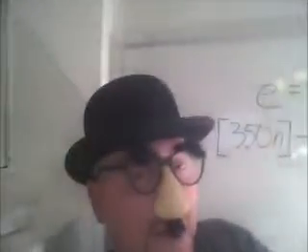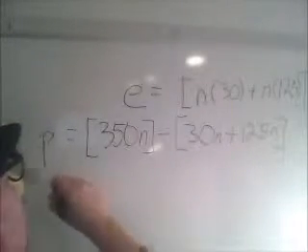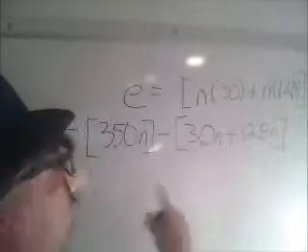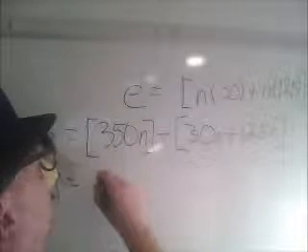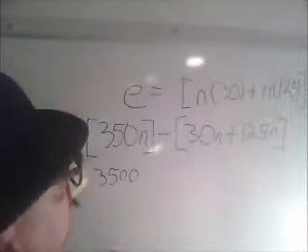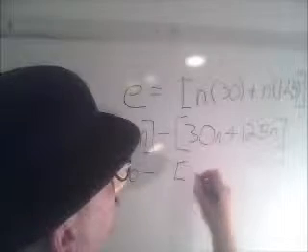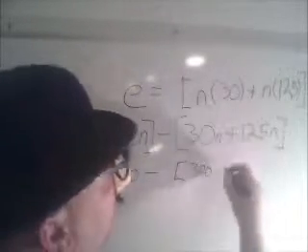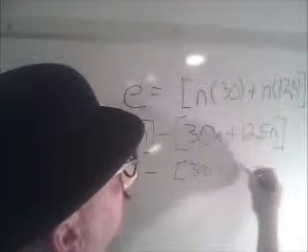So let us plug in. P for profit equals 350 times n. N is 10, so all we have to do is add a 0. 350 times 10 is going to be 3,500 minus 30 times n, which is 300, plus 125n, which is 1,250.